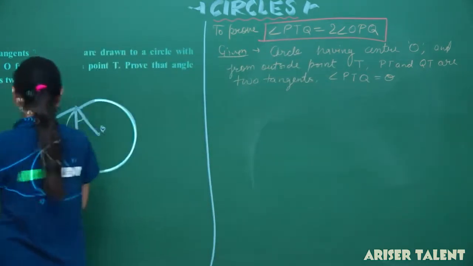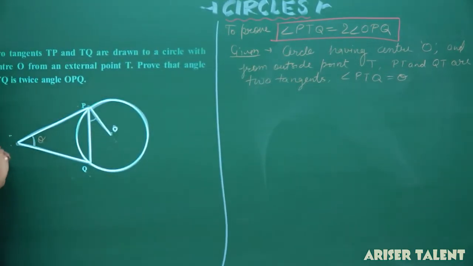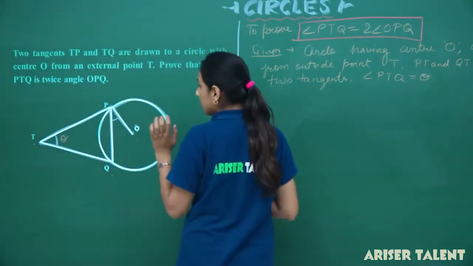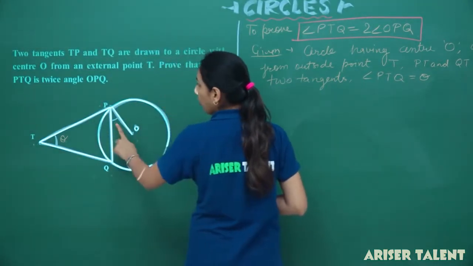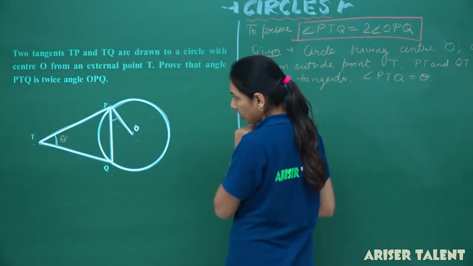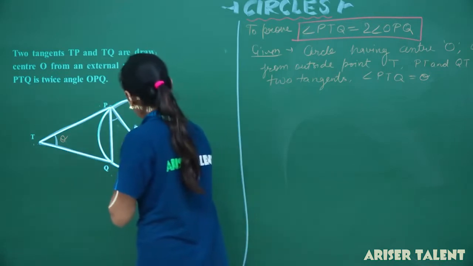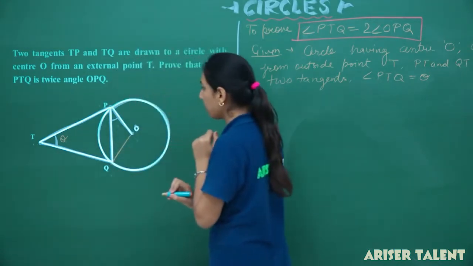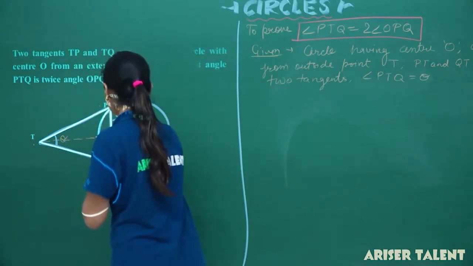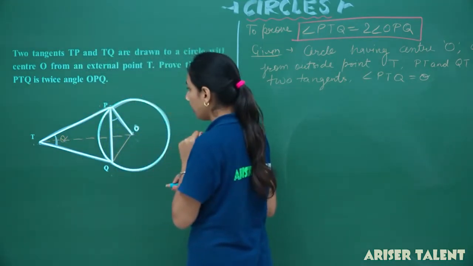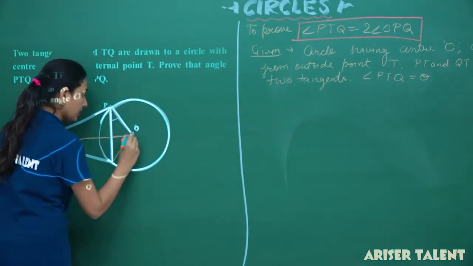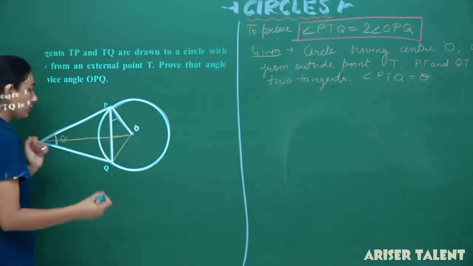Let's suppose that this angle is equal to theta. I am assuming this. Now, I have to find out about this angle, so what can I do? I can have this by construction. Can I join TO and OQ?